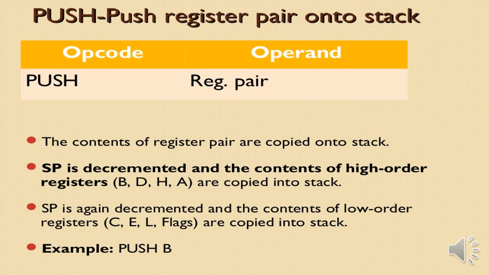The higher order byte is copied into the stack, the stack pointer is decremented by 1, and then the lower order register C, E, L, flags is copied into the stack, and the stack pointer is decremented by 1 again. So the stack pointer is decremented by 2 for the register pair stored into the stack.